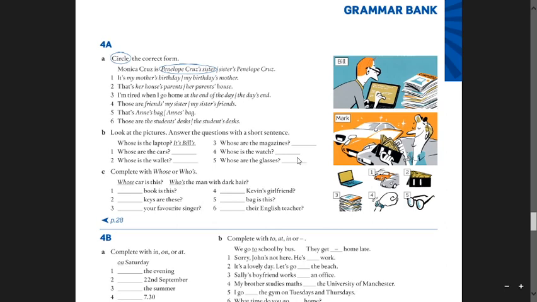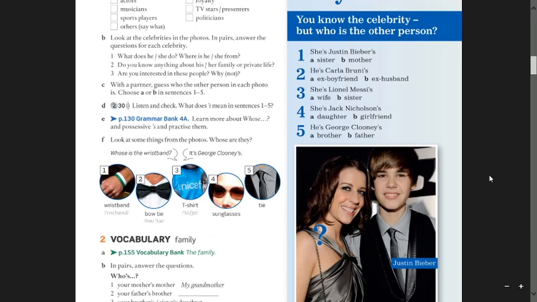Then you go back to the student's book on page 28, I think. Yes, here. And you have to do activity F. You have to look at the things here and ask whose are they, in pairs. So that is the grammar part.